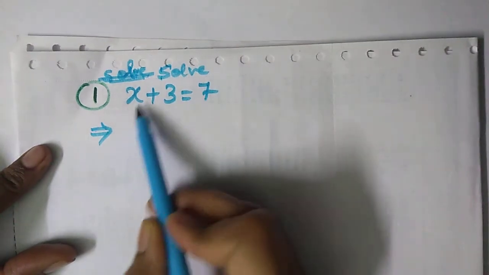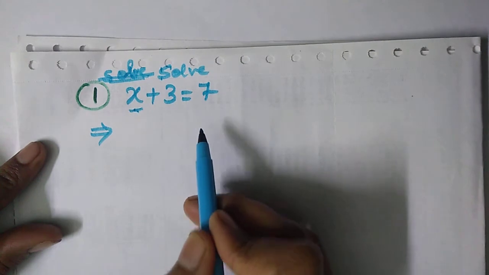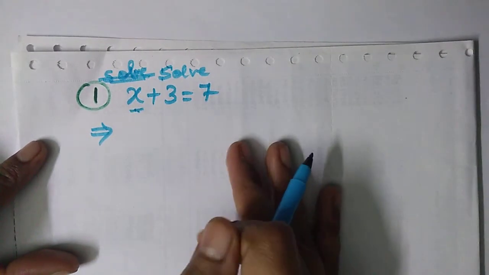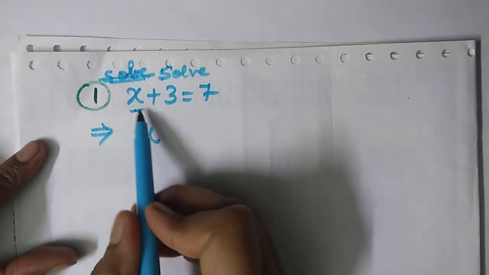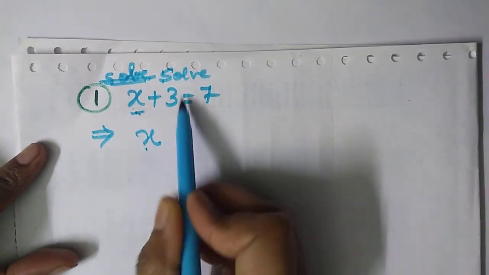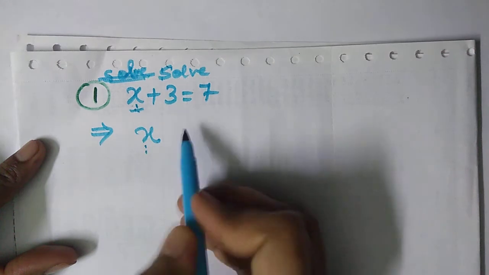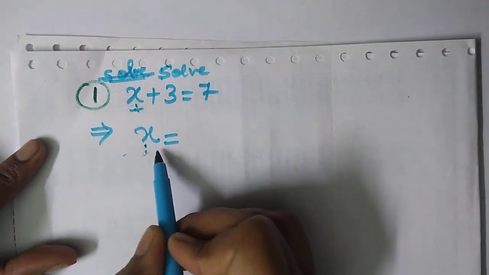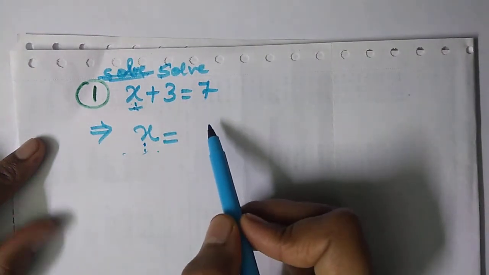Here we have the term having the variable x. So I will collect the terms having variable x on the left hand side and the constant on the right hand side. x will remain x because it is not changing its side. Initially it is on the left hand side, so here also it is on the left hand side. Now come to RHS. In RHS we have to take the constant.